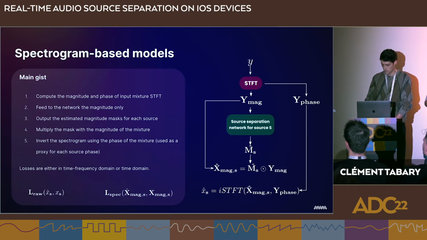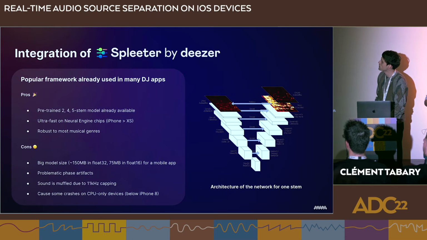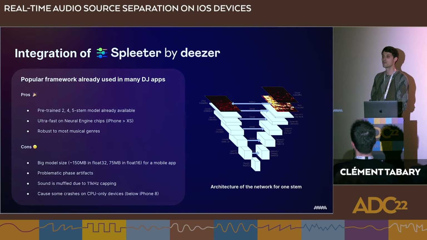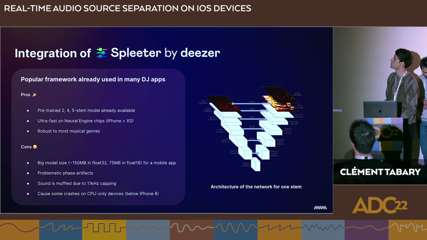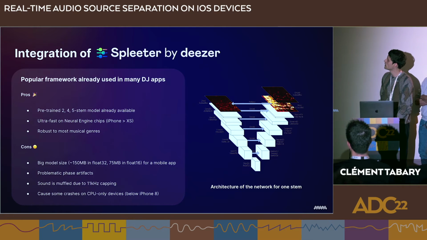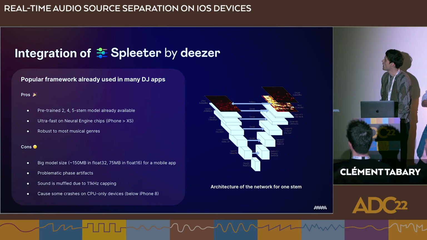So for our first example, we tried to wrap Spleeter. Spleeter is a really popular framework developed by Deezer. It follows the flow I just talked about in the previous slide. For the deep learners, it's a convolutional U-Net.